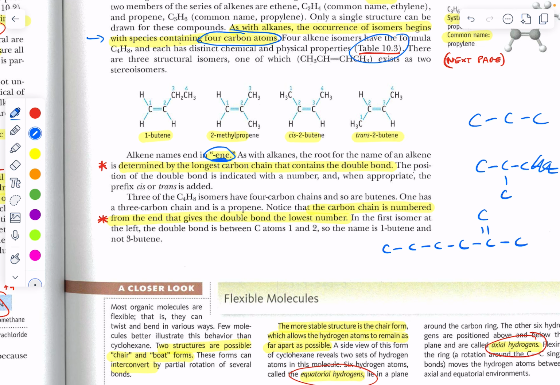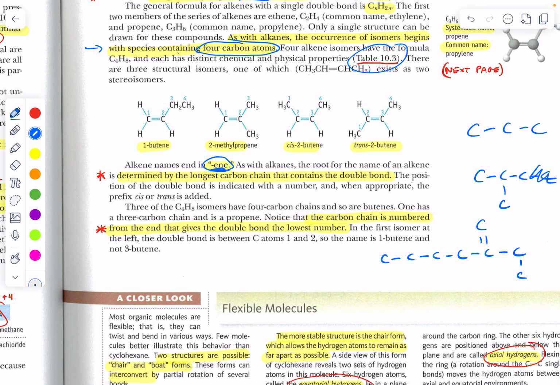I'm making this up on the fly here. Let's erase some of these. The longest chain has got to be the one that has the double bond. So even if this carbon went out like this, we would not do that, but instead we would do this. Of course it just erased it, but I was trying to go through the double bond.